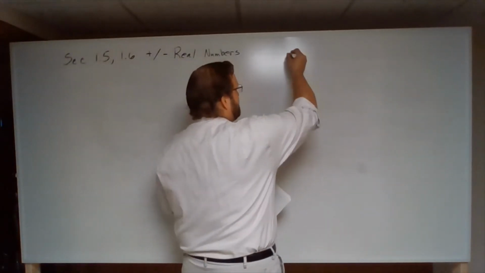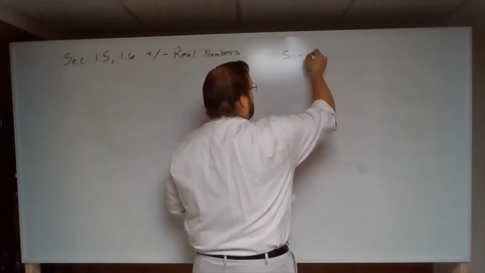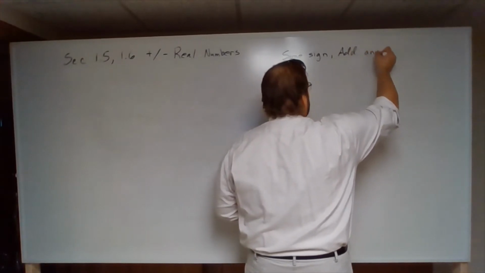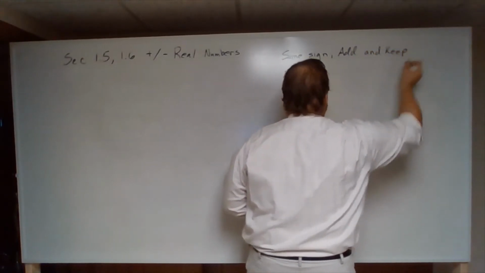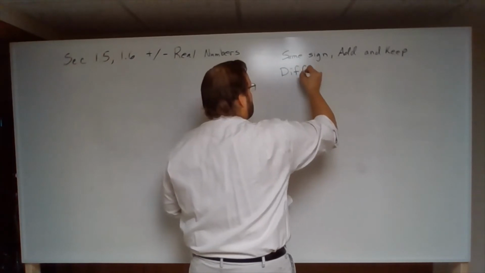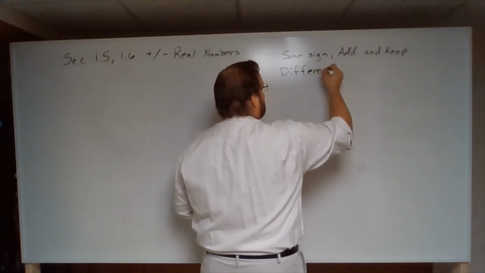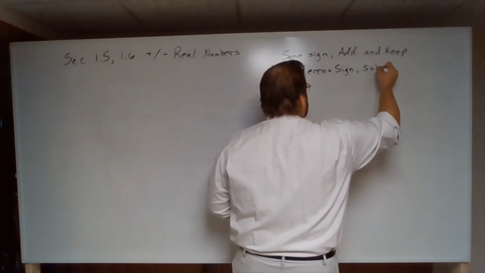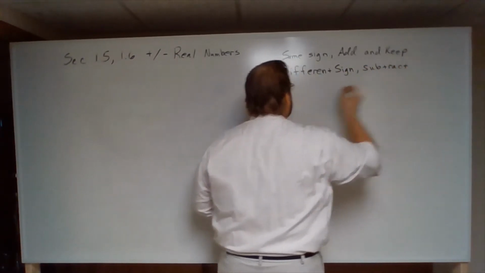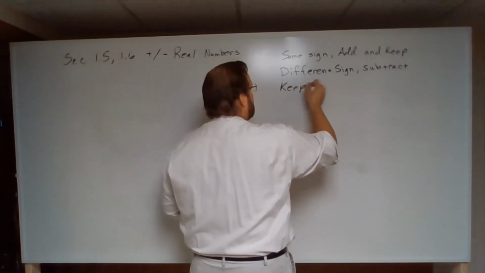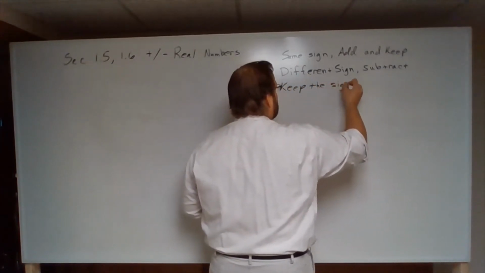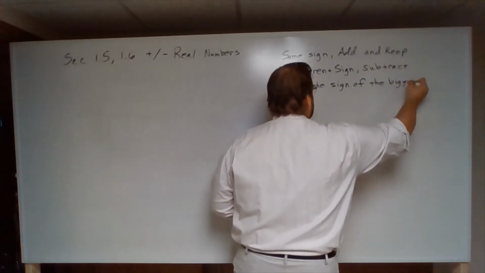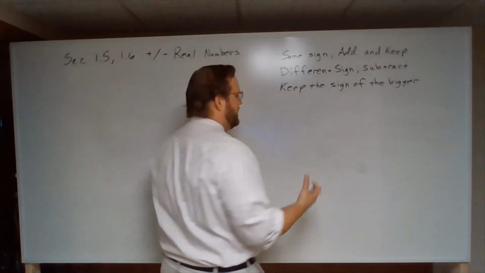So it goes something like this: same sign, add and keep, different sign, subtract, keep the sign of the bigger number, and this last part just helps it rhyme at the end.